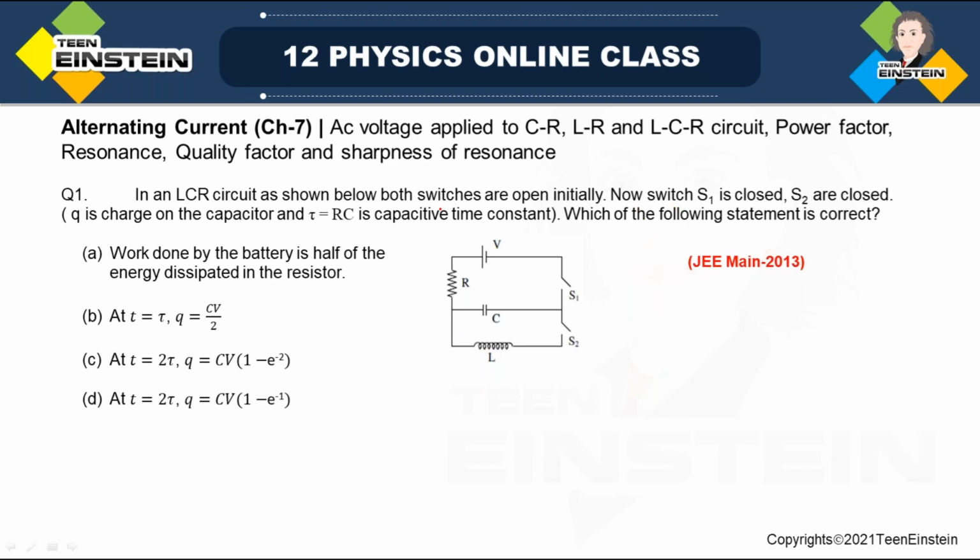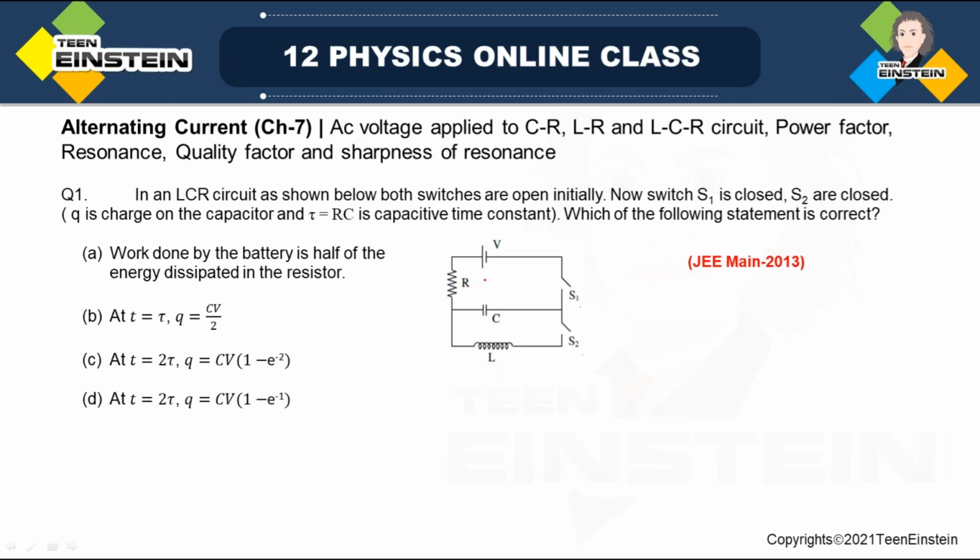Now the question is, initially both the switches are open, S1 and S2, there are two switches. You can see here, if S1 is closed sometime and S2 is open, then this CR will be connected to battery.